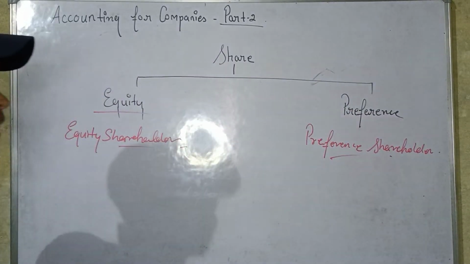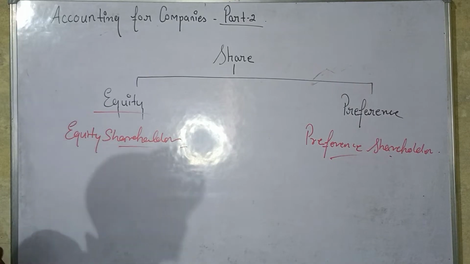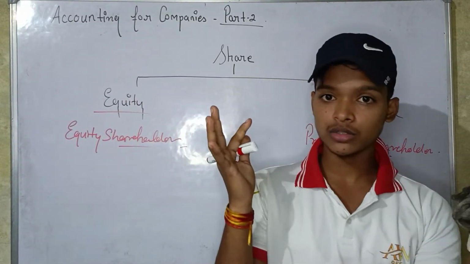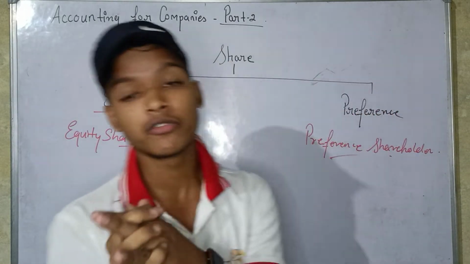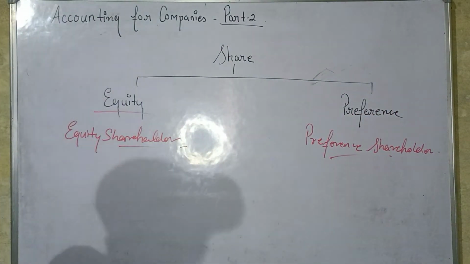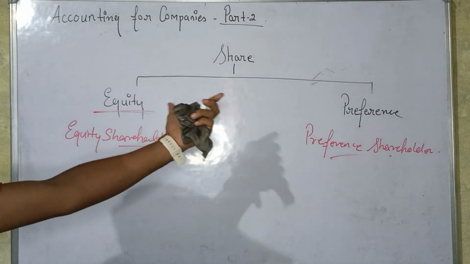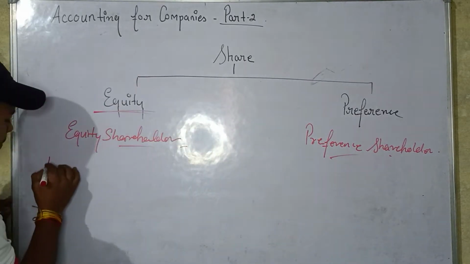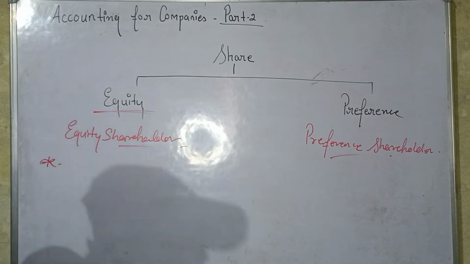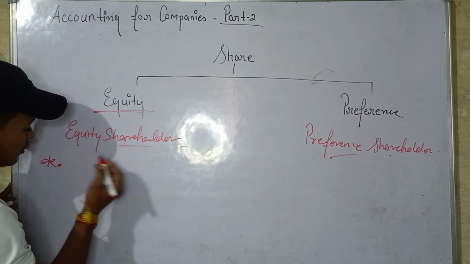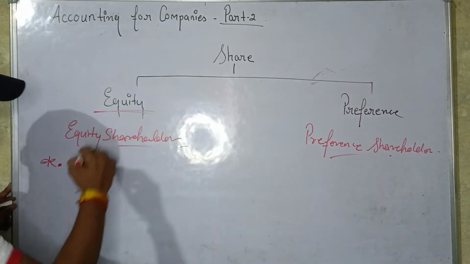Okay, what is the difference between equity and preference shareholders? On which basis can you determine the difference? How can you say that this is the difference between the two? Firstly, in equity shareholders, payment is paid after preference shareholders.